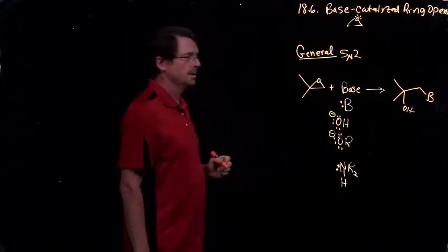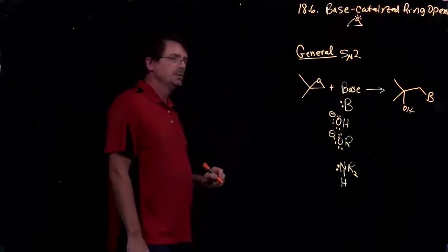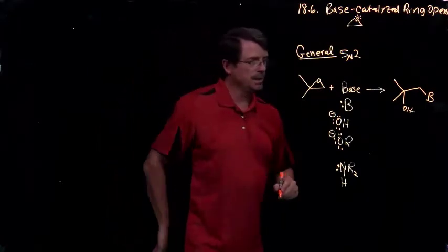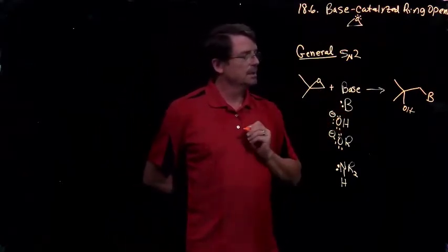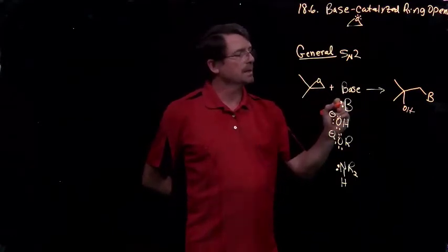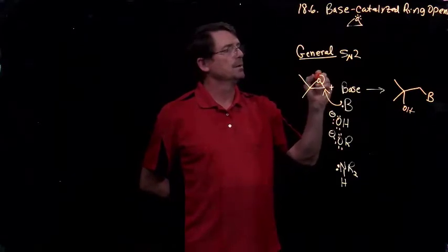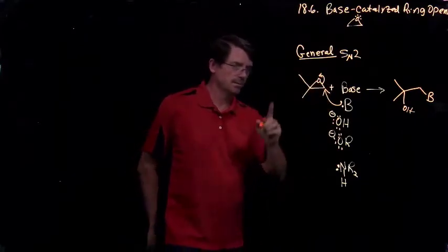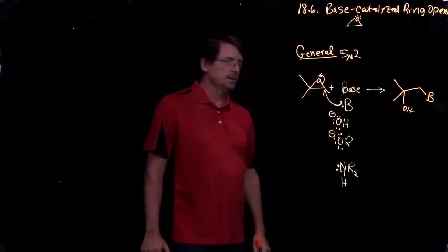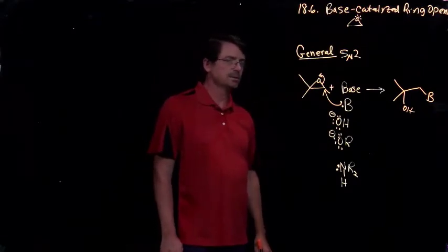And I'll illustrate it with B here. And so we do nucleophilic ring opening. And just to give you an illustration of the mechanism, the nucleophile attacks here in the classic SN2. We ring open this, and then of course protonation occurs to give us the final product. So that's the general reaction.